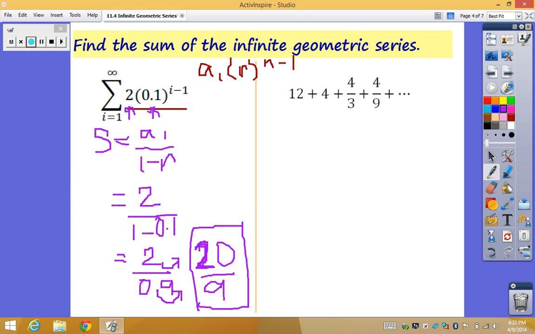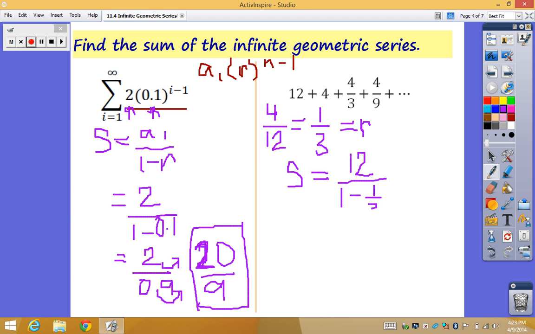So in the next one, we have to find r because we're not given the equation. So remember, to do that, we take our second term and we divide it by our first term if we can't see the pattern right away. So we get that our r equals 1/3. Plugging that into our equation, we get s equals a1, which is the first term, which is 12, over 1 minus r, which we found to be 1/3.